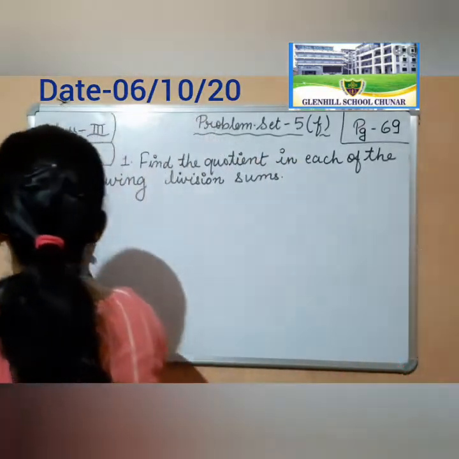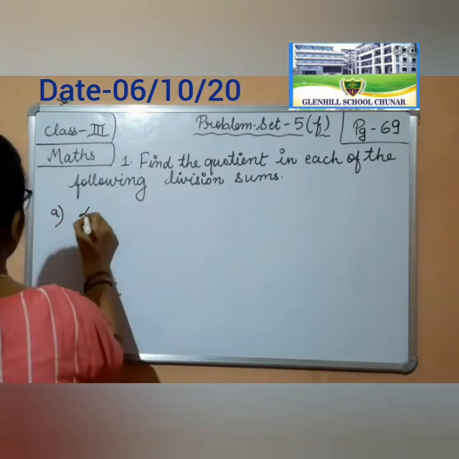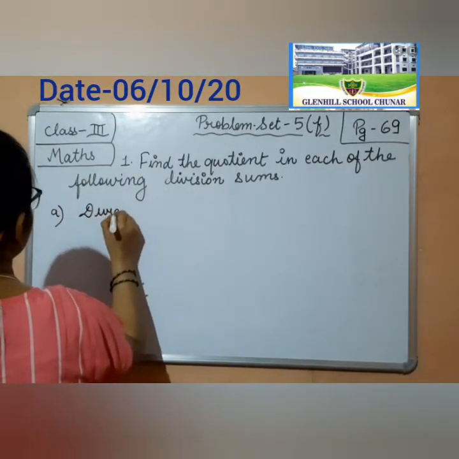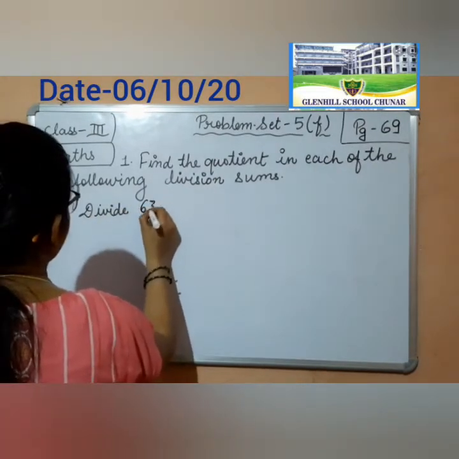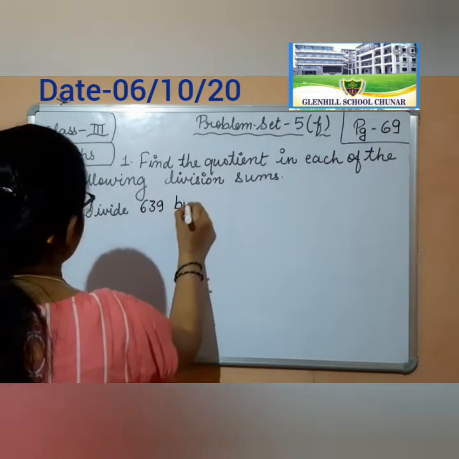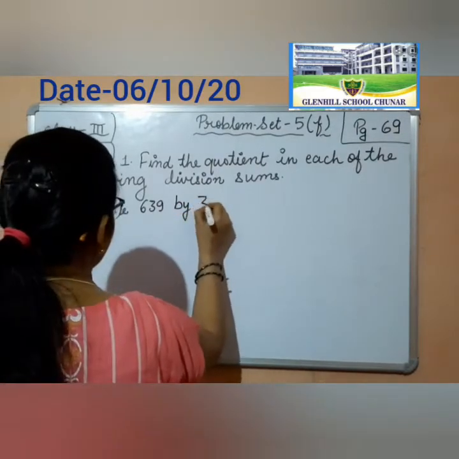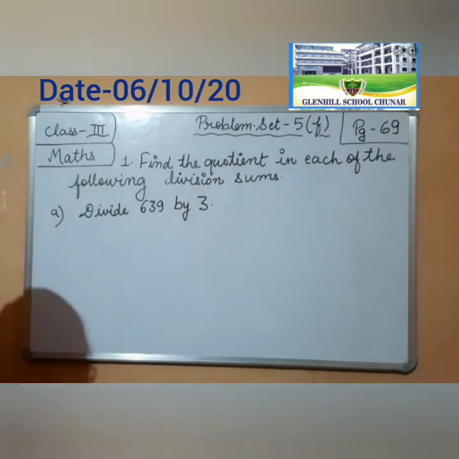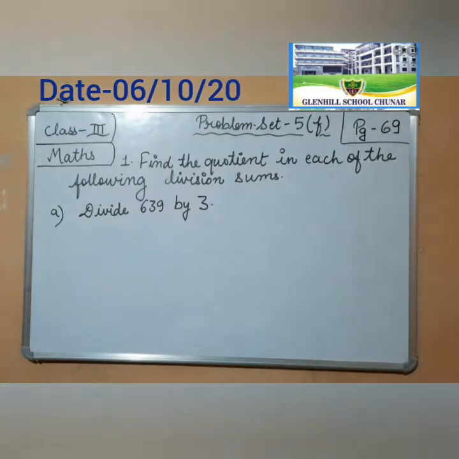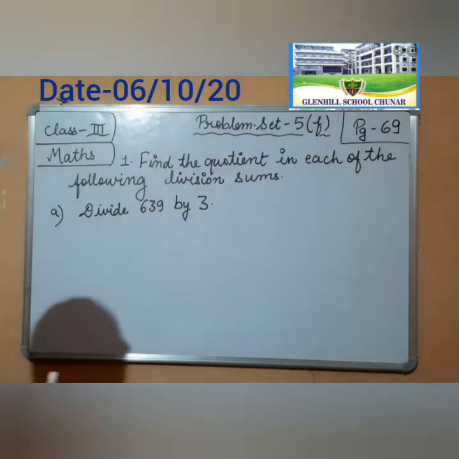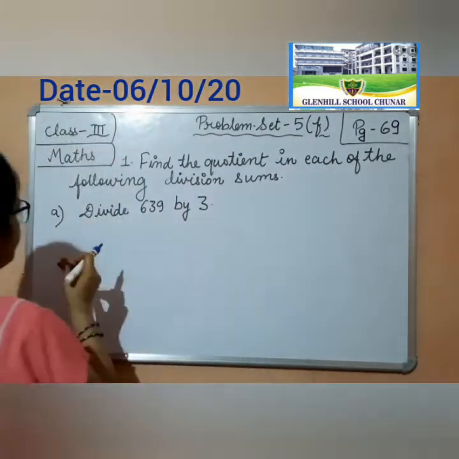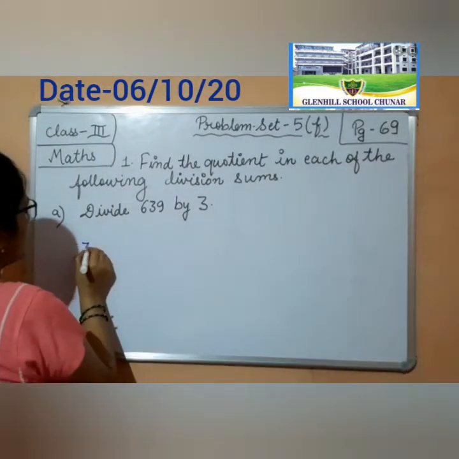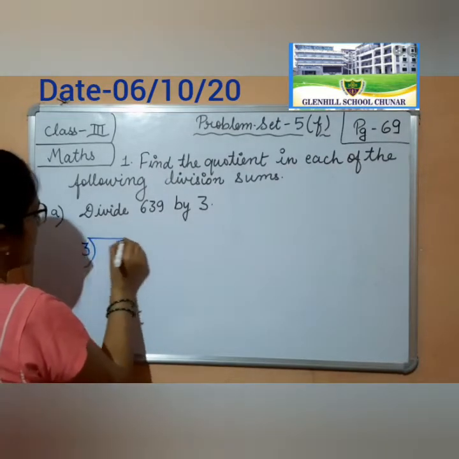Now see number 1, divide 639 by 3. Okay, 639 by 3. Okay, so see here I have written 3. Okay, and like this I have done.